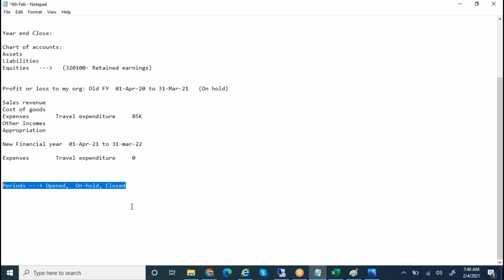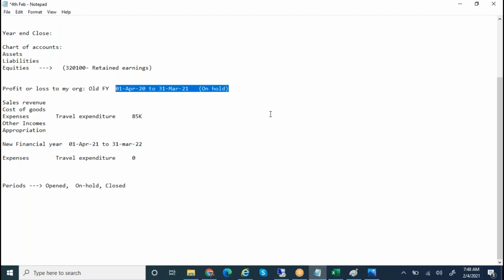Now in 2012, if you are doing the year-end close or year-end process, then the last year's balance periods should be on hold. That is a precondition required in the 2012 version, because some of you may be working with AX 2012 versions 6.0, 6.1, 6.2, 6.3.